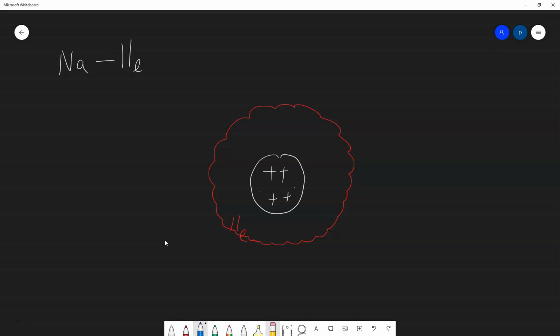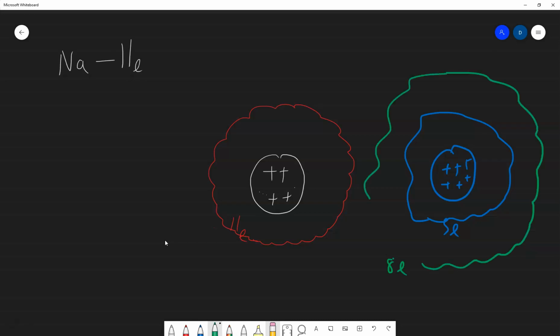Otherwise, the one more scenario is you have a nucleus here. Out of 11, is it possible that maybe 3 electrons are going here and the remaining 8 electrons are going in a different orbit? Now which one is right?